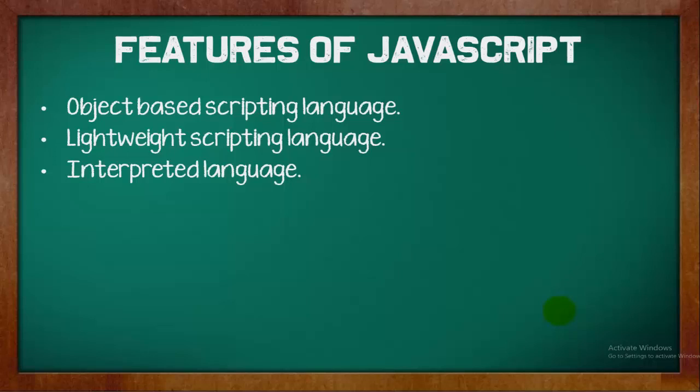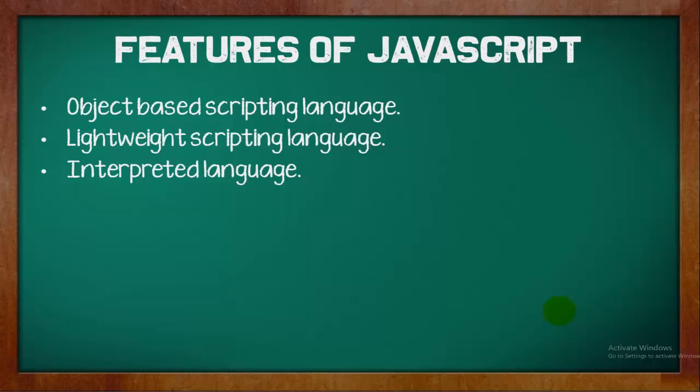But the main important point of a compiler is it will check all the errors at a stretch. Whereas an interpreter will also check errors and ask you to debug your program, but it will do it line by line. So that is the main reason an interpreter is very slow in nature, whereas compilers are very fast. So JavaScript uses an interpreter.